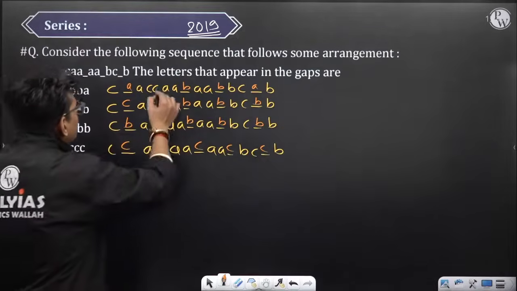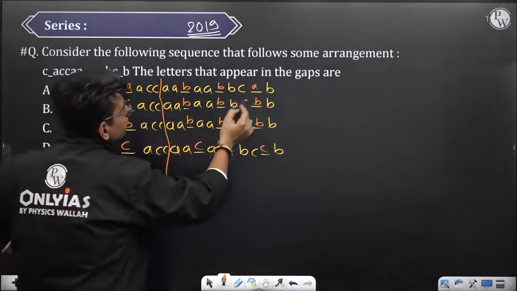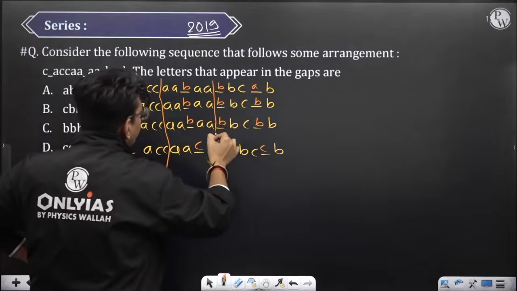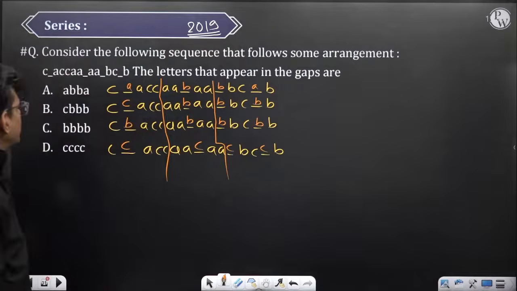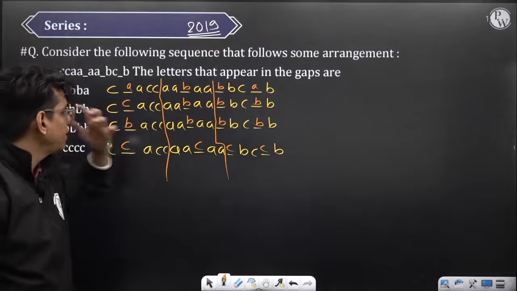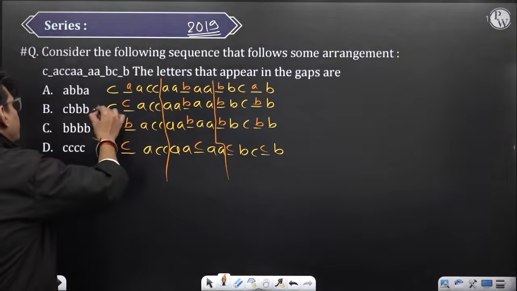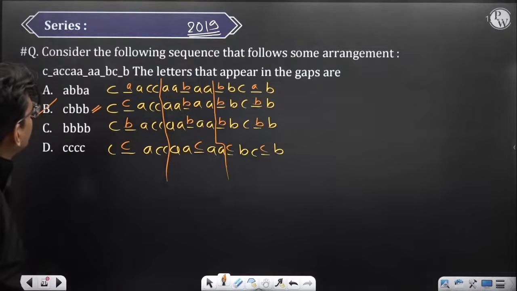So if you see 5, 5, 5, 5, right? In this, CCACC, AABAA, BBCBB, so this is some pattern, right? This is our answer. In other cases, we are not getting any pattern.